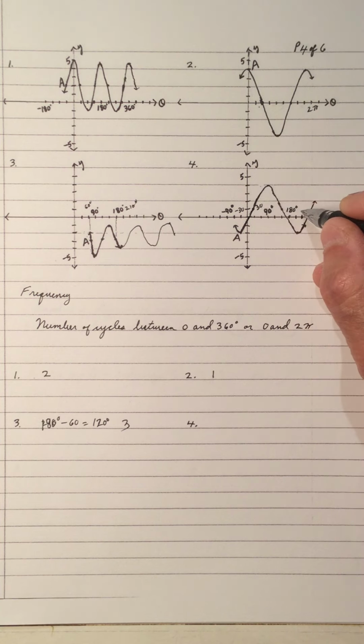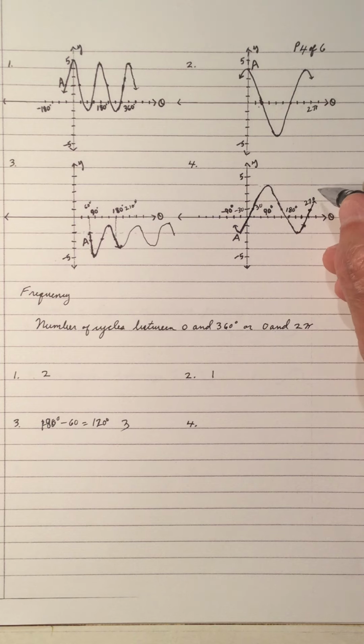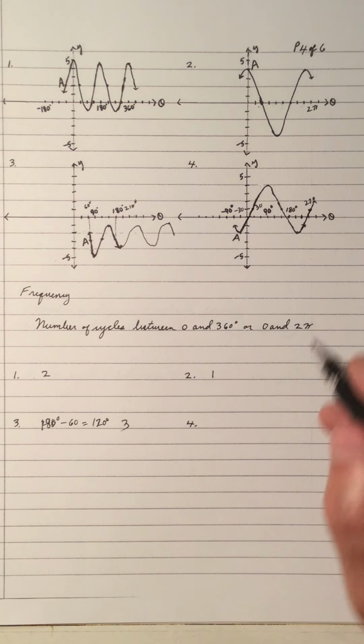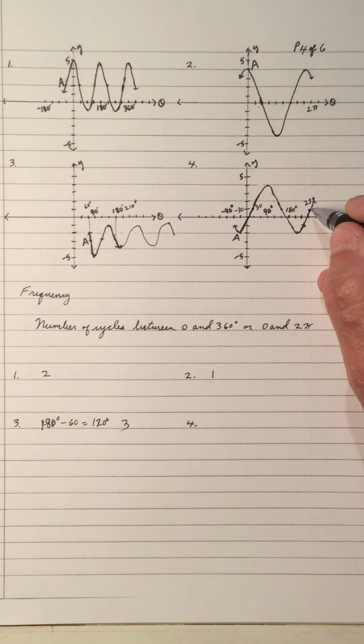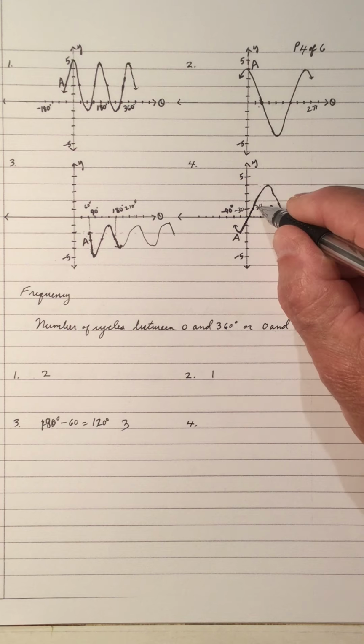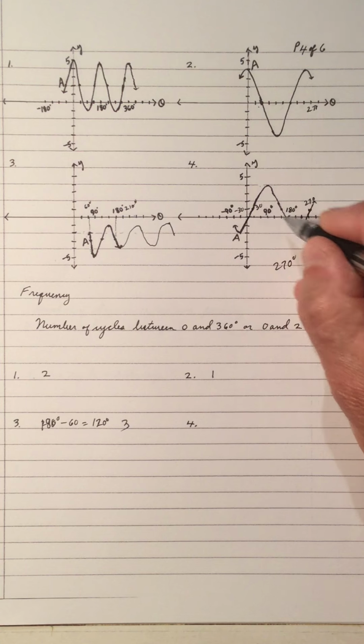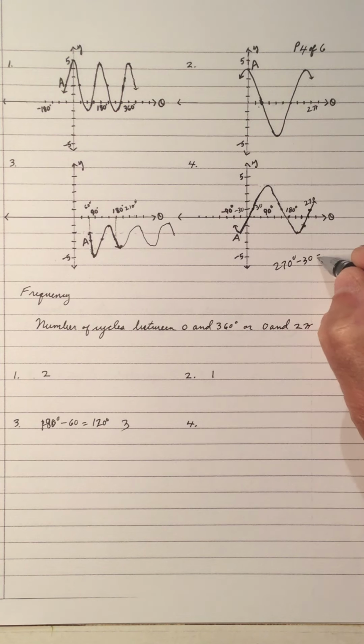And you go to right here, and that's a 270, 180, 210, 240, 270. And the sinusoidal axis between 30 and 270, so you got 270 right here, 30 here. So that creates 240 degrees.